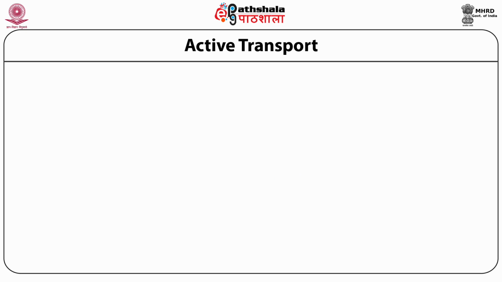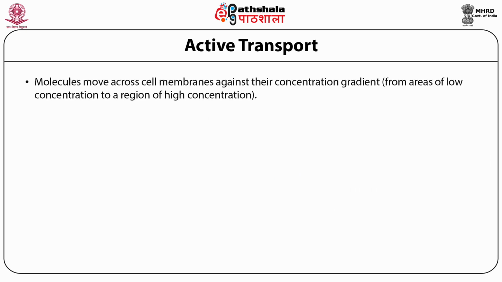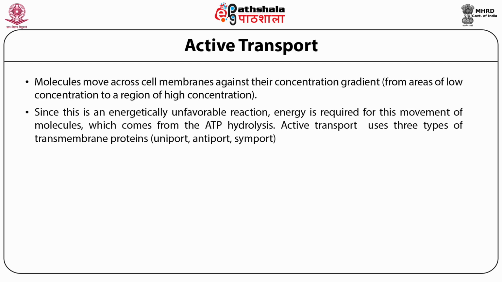Active transport. Now coming to active transport, which requires energy. Molecules move across the cell membrane against their concentration gradient, from areas of low concentration to a region of high concentration. Since it is an energetically unfavorable reaction, energy is required for this type of movement of molecules, which comes from ATP hydrolysis.